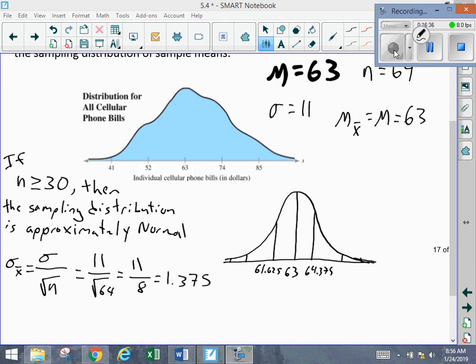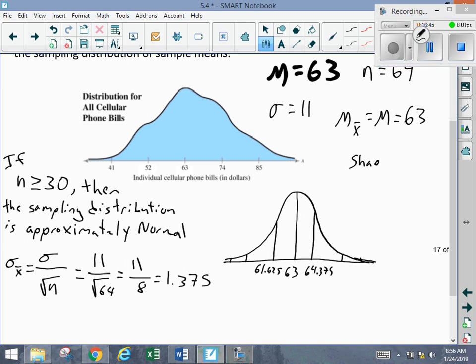Also, I want to point out that when I'm describing a distribution, I'm going to describe three elements. I'm going to describe shape, a measure of center, which is my mean, and a measure of spread, how spread out the data is, or how much variation there is in the data.